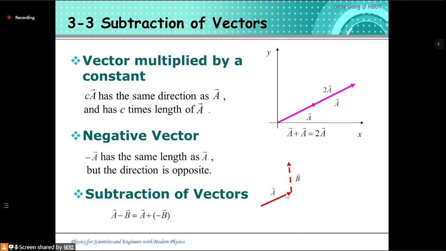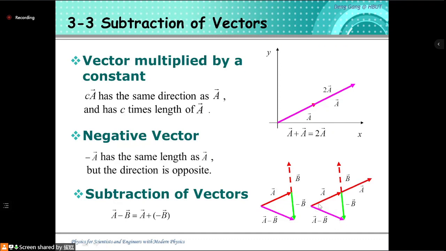Okay, so we calculate this one plus this one according to tail to tip. From the tail to tip, this should be A minus B. So this is A, this is minus B, and this is A minus B.